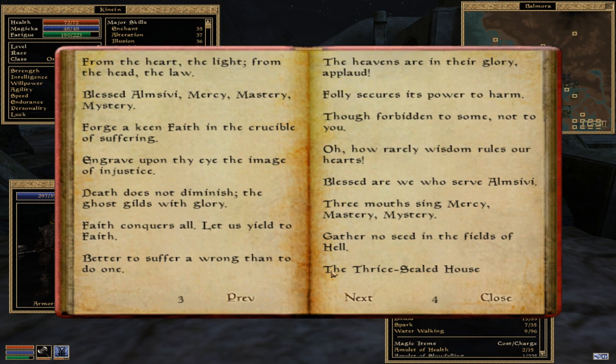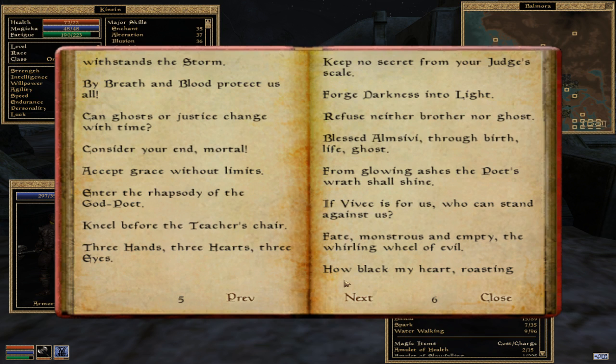Folly secures its power to harm, though forbidden to some, not you. Oh, how rarely wisdom rules our heart. Blessed are we who serve Almsivi. Three months sing mercy, mastery, mystery. Gather no seed in the fields of hell. The thrice sealed house withstands the storm. May breath and blood protect us all.